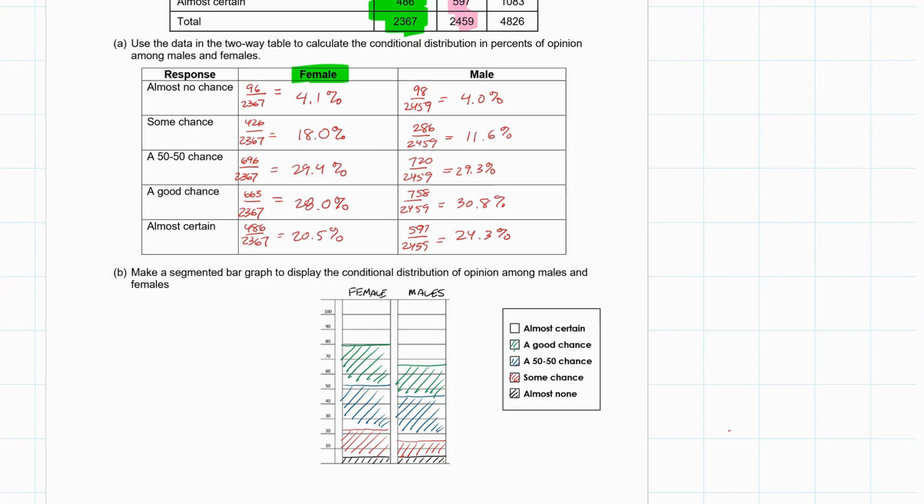Switch to that one. Almost certain is going to be, oops, that's too much. All the rest of it up to 100%. And now you can see that thick blue category is much bigger for the males than the females. So we now have perhaps a takeaway.